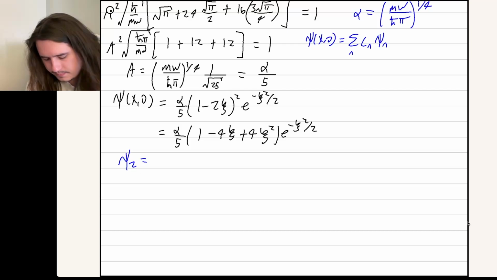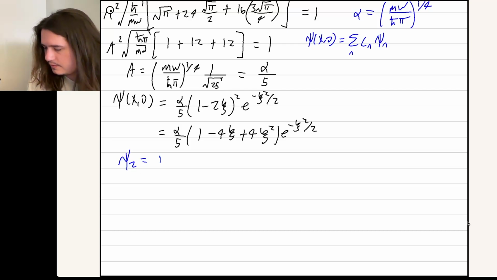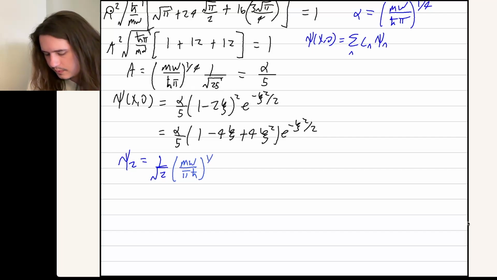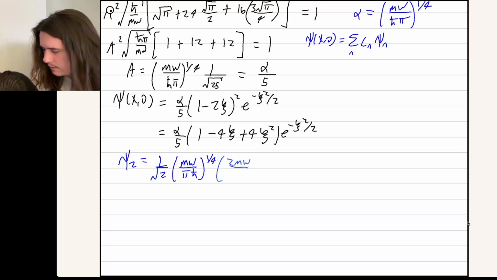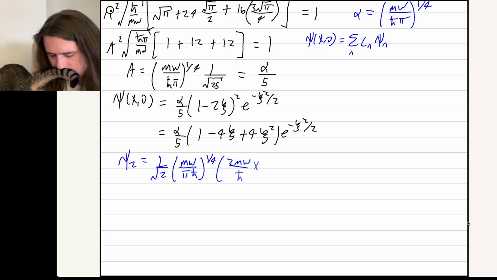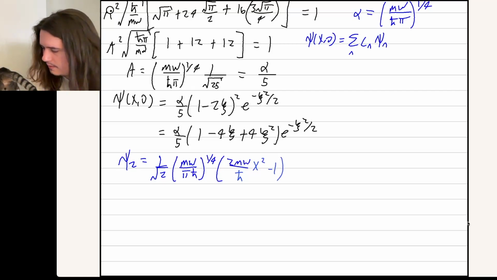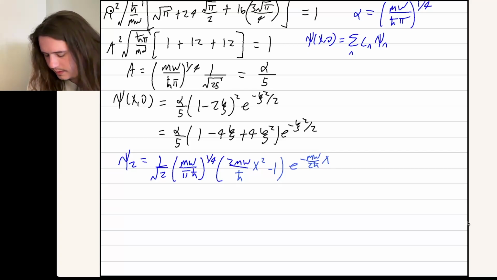And that was, just looking at my result here, 1 over root 2 times (m omega over pi h bar) to the 1/4 times (2m omega over h bar x squared minus 1) times e to the minus m omega over 2h bar x squared.